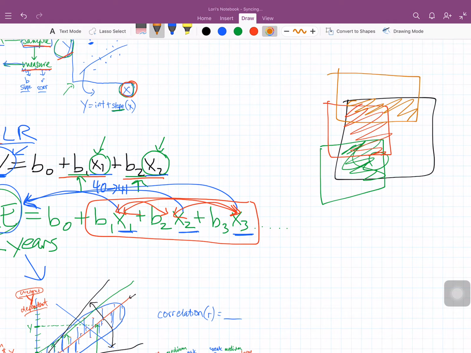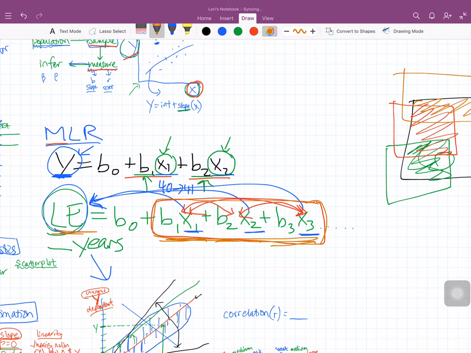And so what we find when we have these multiple predictors in a single model is that there actually is some overlap. And because we put them in the model together, we can measure collectively all of their impact on whatever outcome it is that we're interested in.